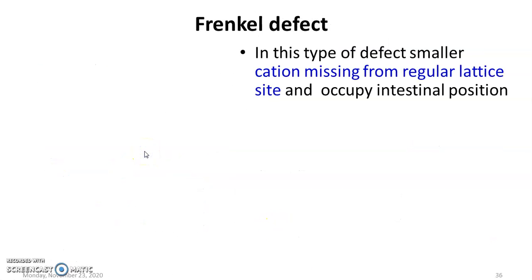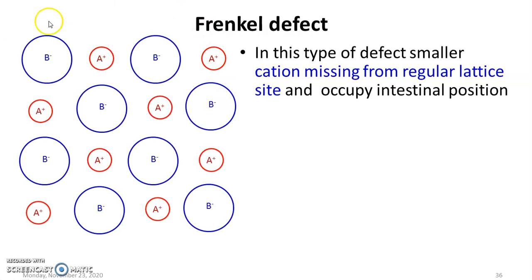Now next is Frenkel defect. In this type of defect, smaller cations are missing from their regular lattice points or lattice sites and occupy the interstitial position. This is the lattice. Here cations and anions are arranged alternately, but in this type of solid, normally cations are of too small a size as compared to anions.